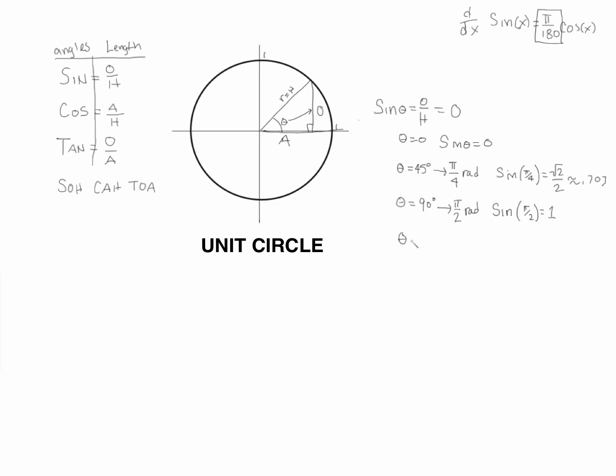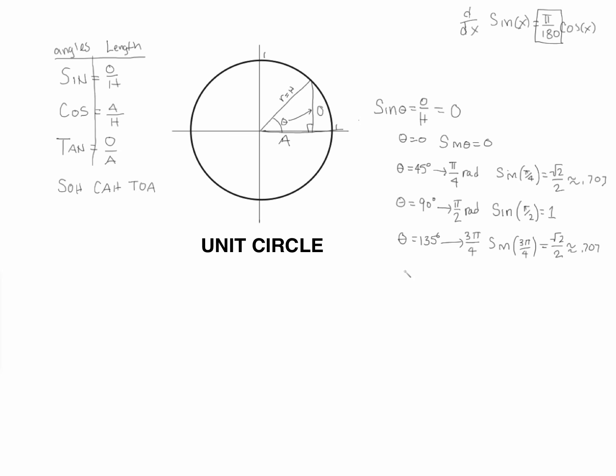Now, if theta equals 135 degrees, that's going to be, we already said, 3 pi over 4, and the sine of 3 pi over 4 equals the root of 2 over 2 again, 0.707.